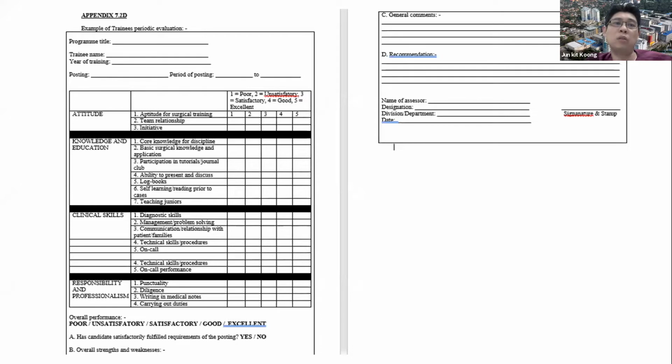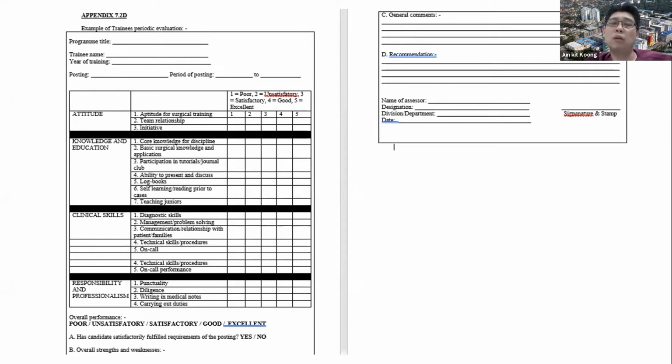Through the supervisors and trainers, they will look at your aptitude and your attitude to training, your knowledge and also your education, your clinical skills, responsibility and professionalism. Then later on, we will decide on your overall performance to see whether you fulfill the requirement or not.